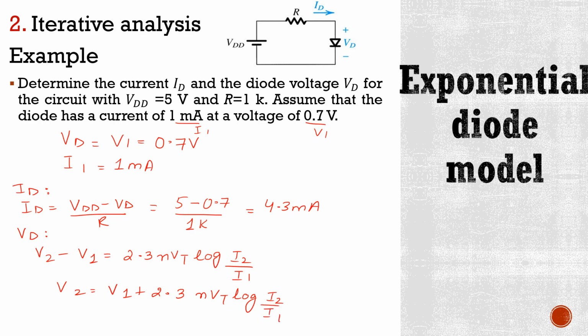Now here this V2 is Vd. Now we know that the value of N is 1.